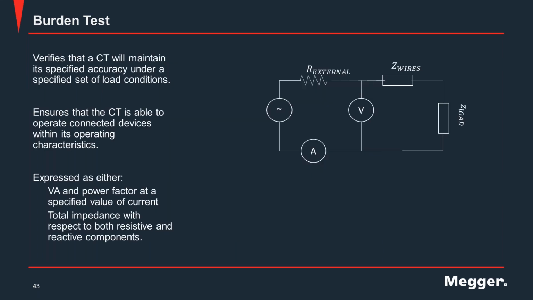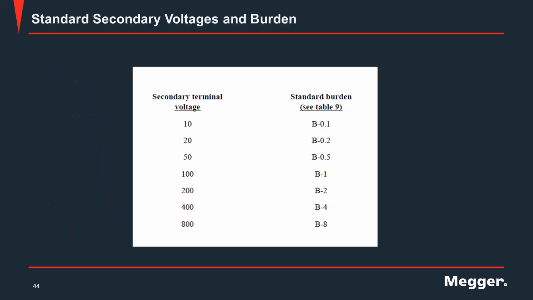Okay. Now, the burden test verifies that the CT will maintain its specified accuracy under a specified set of load conditions. So it ensures that the CT is able to operate connected devices within its operating characteristic. It is expressed as either VA and power factor at a specified value of current, or total impedance with respect to both resistive and reactive components.